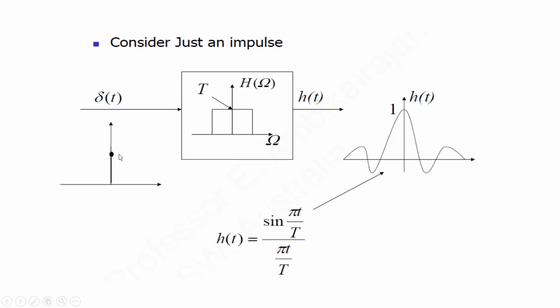Now let's consider just one impulse, which is basically the delta t function, and pass it through the low pass filter.